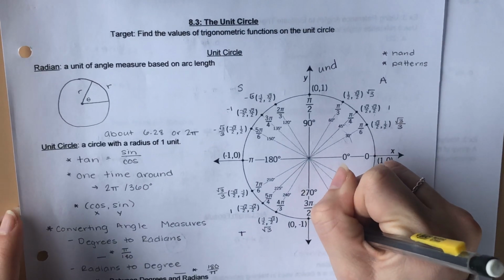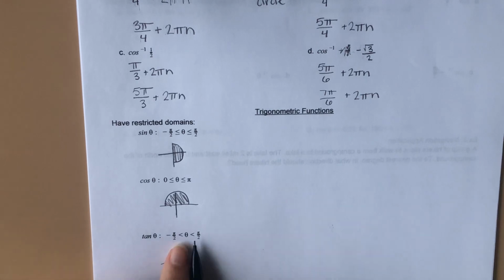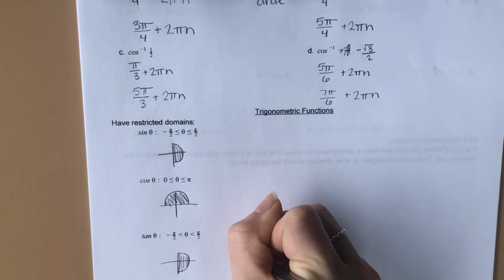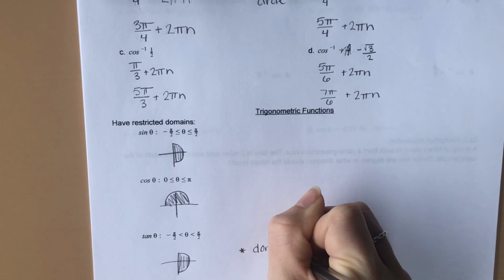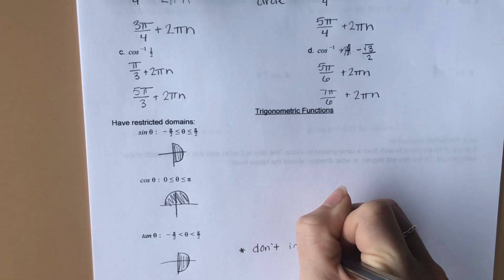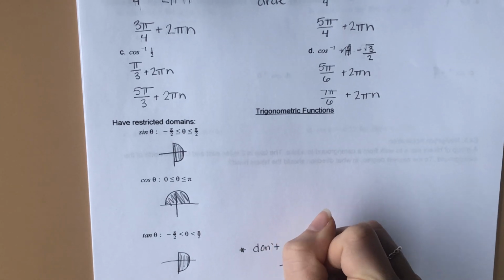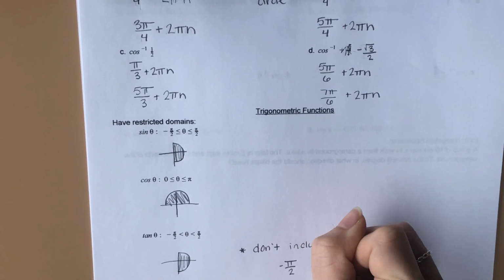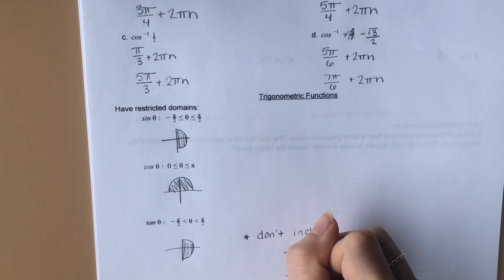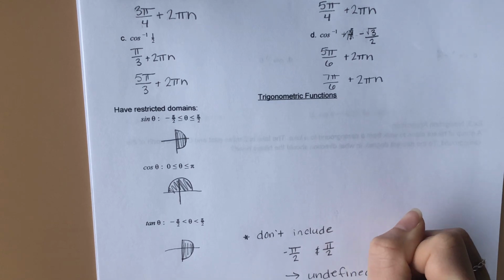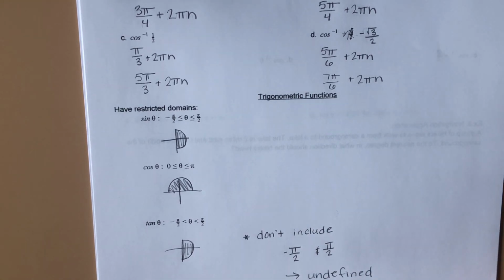Same idea, this one would be undefined. So that is why we cannot include those when we're talking about tangent. Okay. I'll actually write that down just to keep it a little bit more in your brain. So don't include negative pi over 2 and pi over 2 because they are undefined.